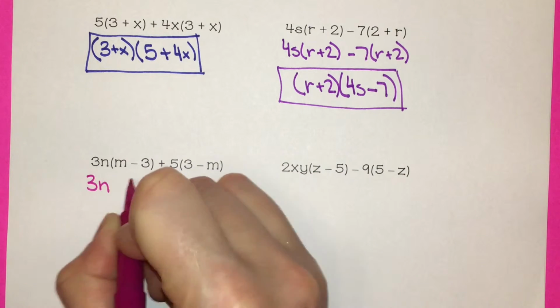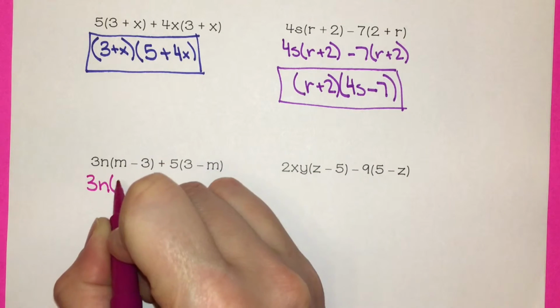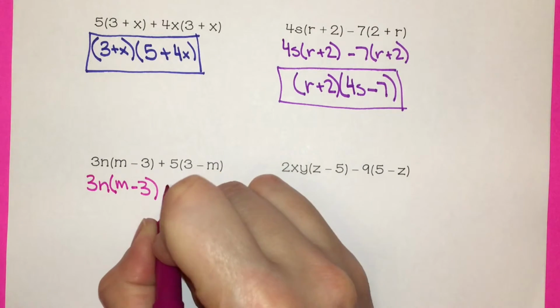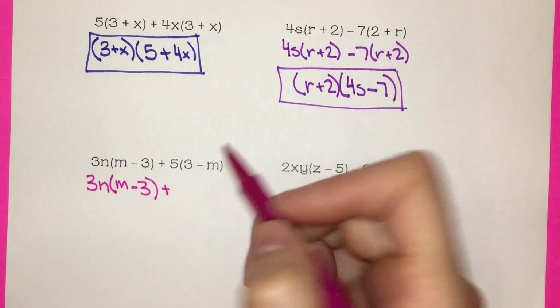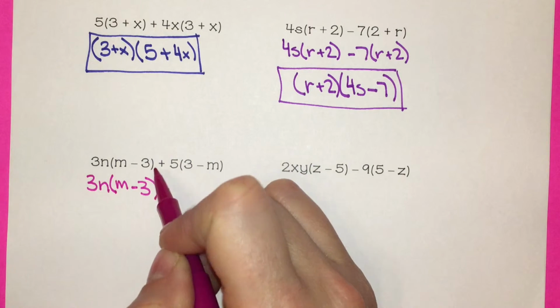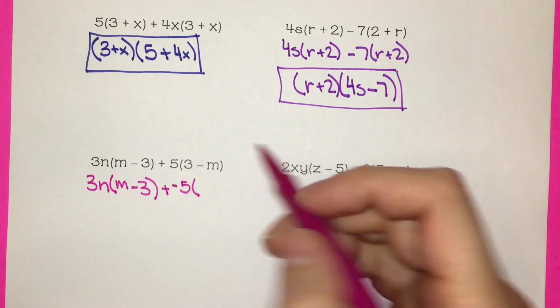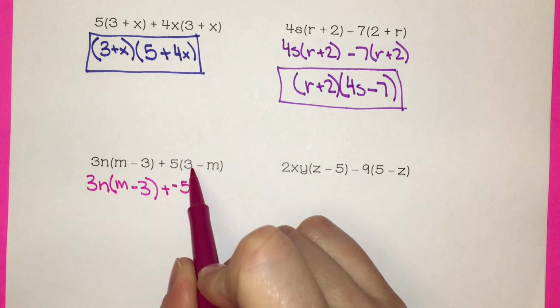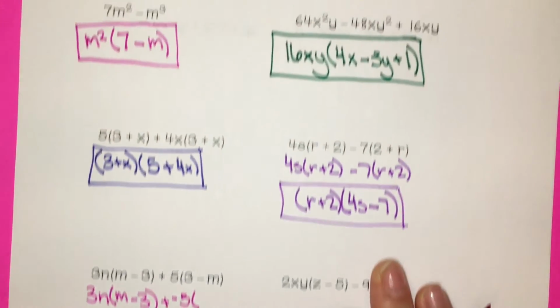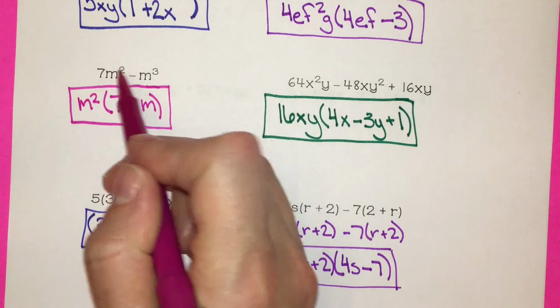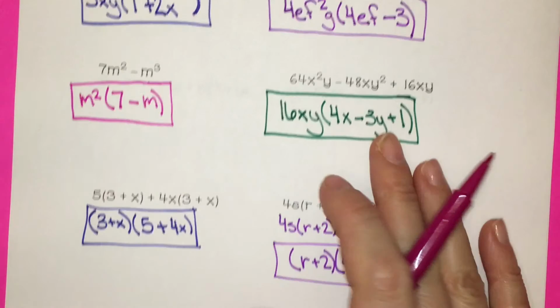So we have 3n, I'm just going to leave the first one the same, times m minus 3 plus, okay, if I factor out a negative 1, it makes this negative 5 because I'm basically going to divide everything inside by negative 1. It goes back to factoring out what they have in common. And remember, you divide each term by what they have in common.